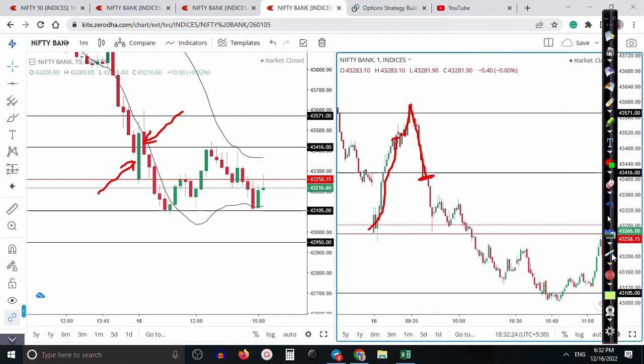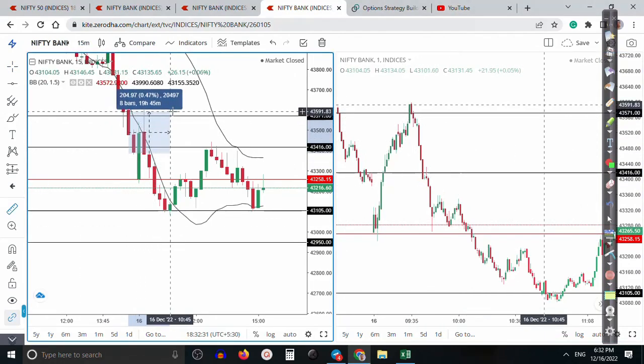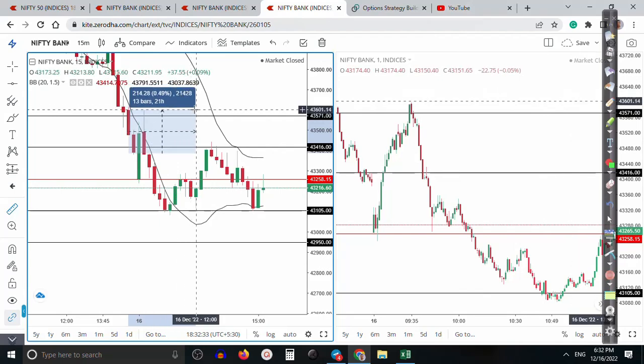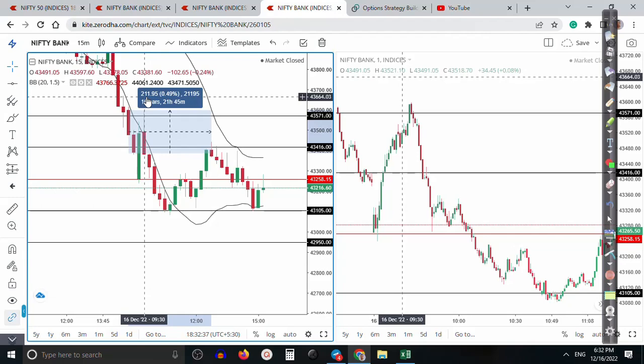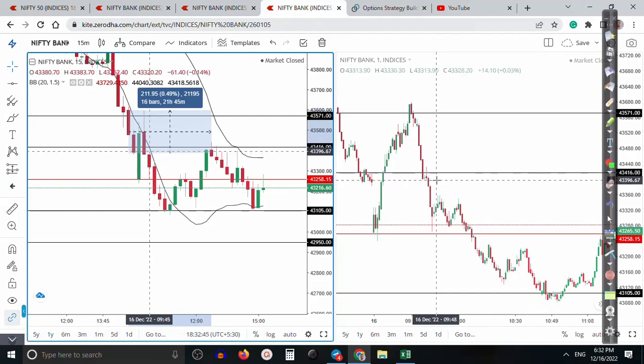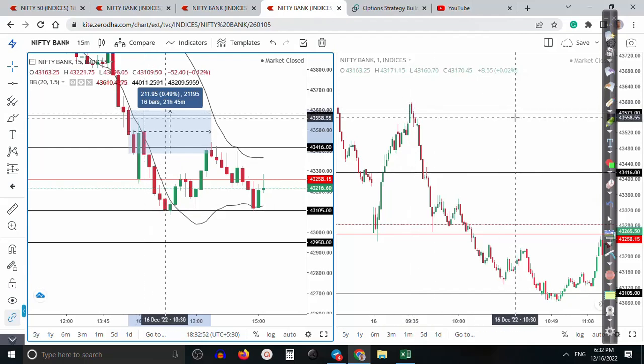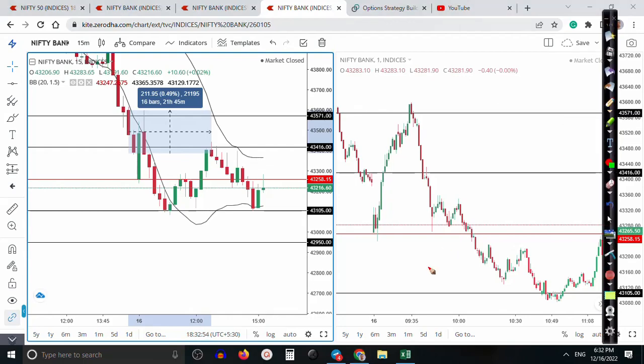So here I can see, let me show you. In this area, and here, if you cannot see, I just connected it. There was almost a 200 point SL. Does it make sense? A 200 point SL somewhere in this area. Just a minute. From this area to this level, 200 points. So what I did, I bought a 20 delta put option.